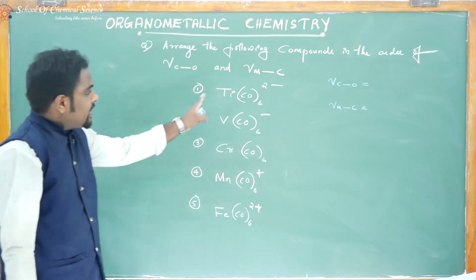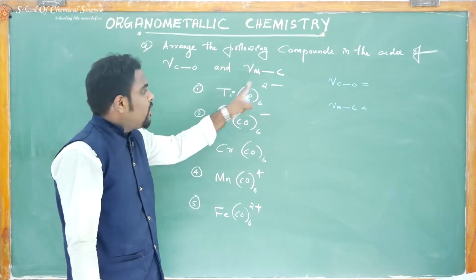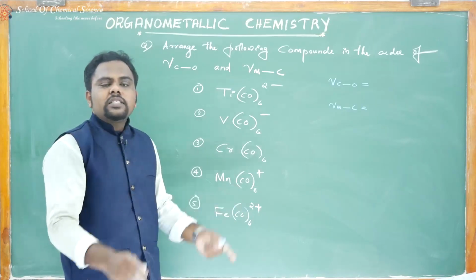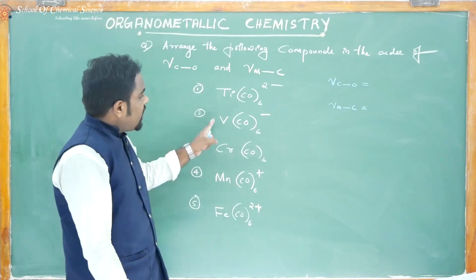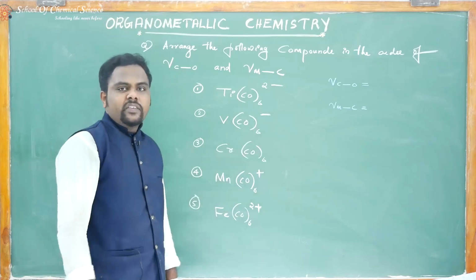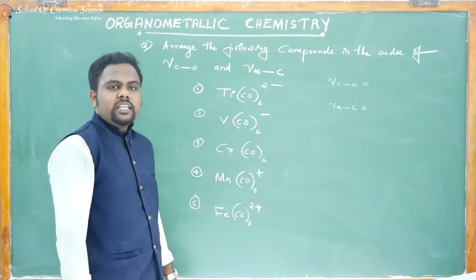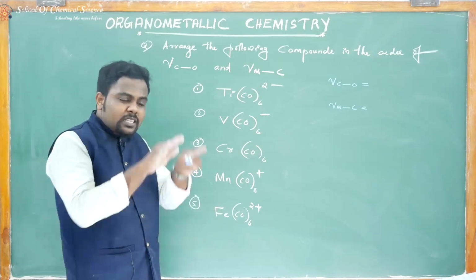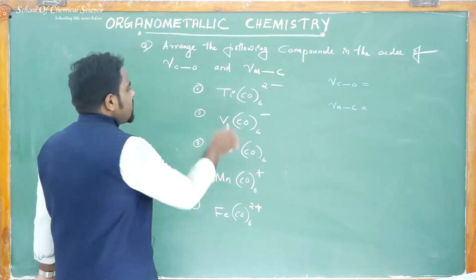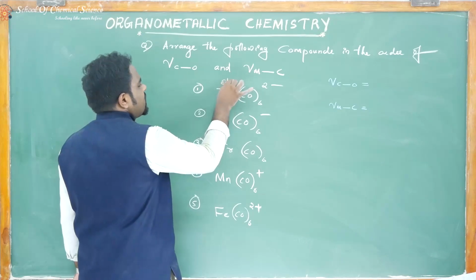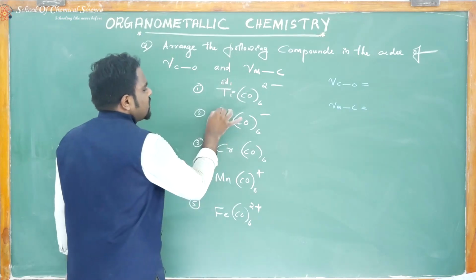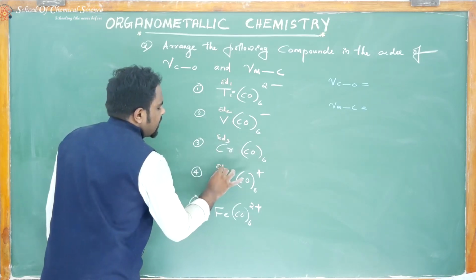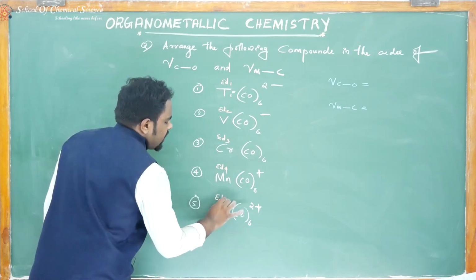Why does titanium have high electron density? Because titanium has 2 negative charge. Higher the negative charge, higher is the electron density. Here vanadium has 1 negative charge, less electron density than titanium. Here iron has 2 positive charge, that means less electron density. Suppose the electron density at titanium is electron density 1, then electron density 2, 3, 4, 5.